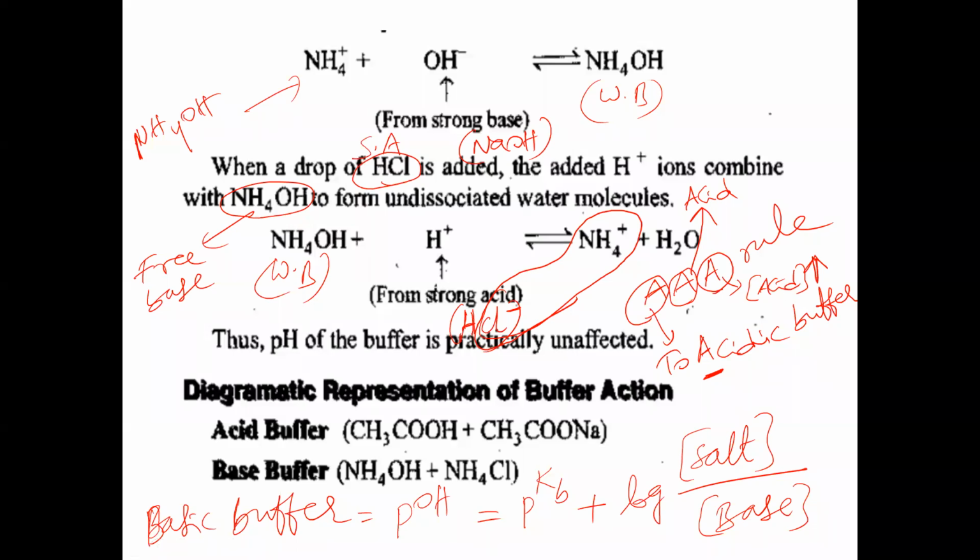It is a mnemonic, called Bandagurtu in Telugu, to remember easily. And what is the triple B rule? To a basic buffer, when base is added, the concentration of base will increase.